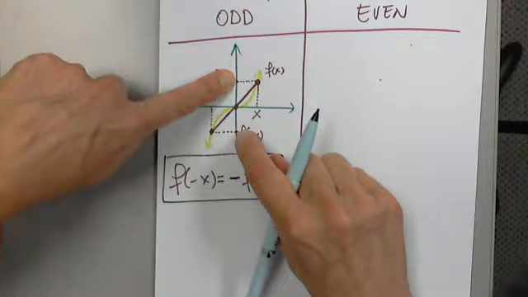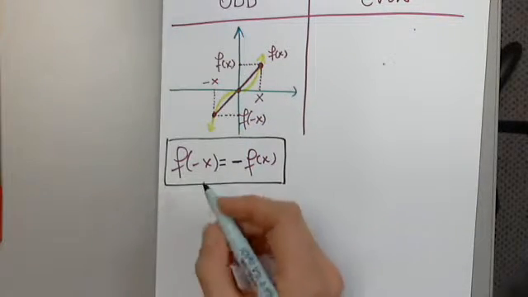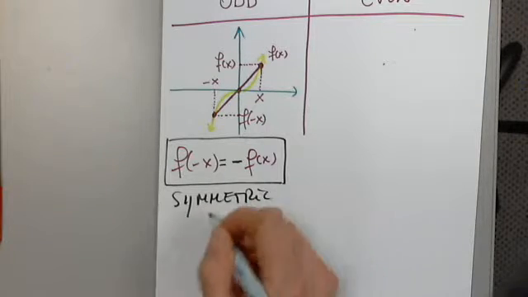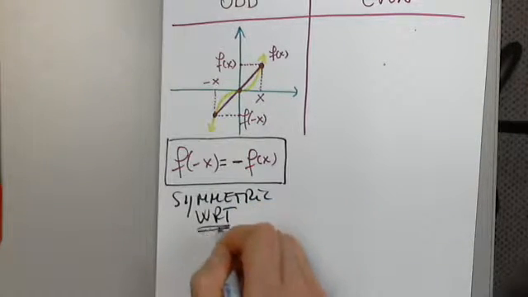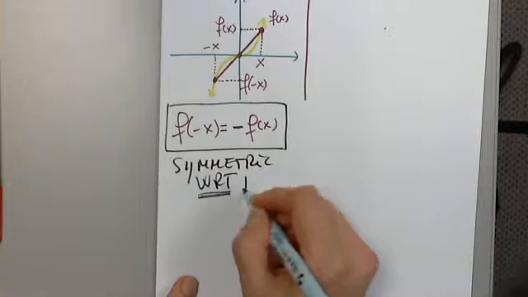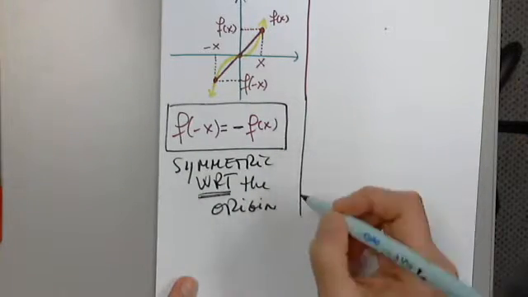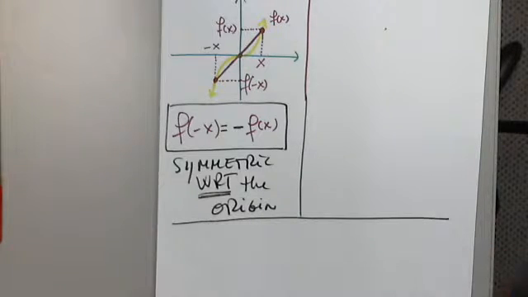Does it make sense? Is it clear? Okay, this function is called odd, which means symmetric with respect to the origin. Any function for which I can show that f of negative x equals the opposite of f of x is a function that is symmetric with respect to the origin.